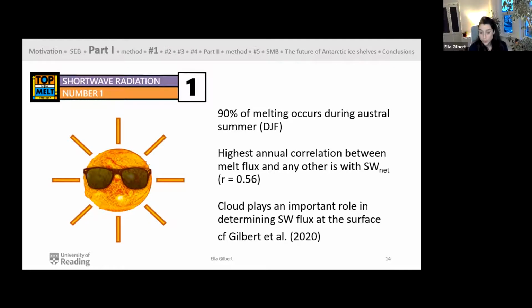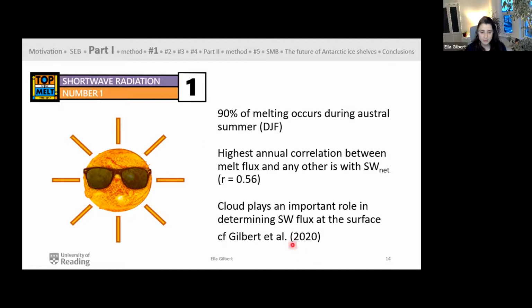So if you'll recall, that north-south gradient in melting is related to the amount of shortwave radiation we get. And solar radiation dominates the surface energy balance throughout the year. We get 24-hour sunlight in summer, and that's why we get 90% of melting happening during the summer. The highest correlation between melt flux and any other variable is with net shortwave radiation.